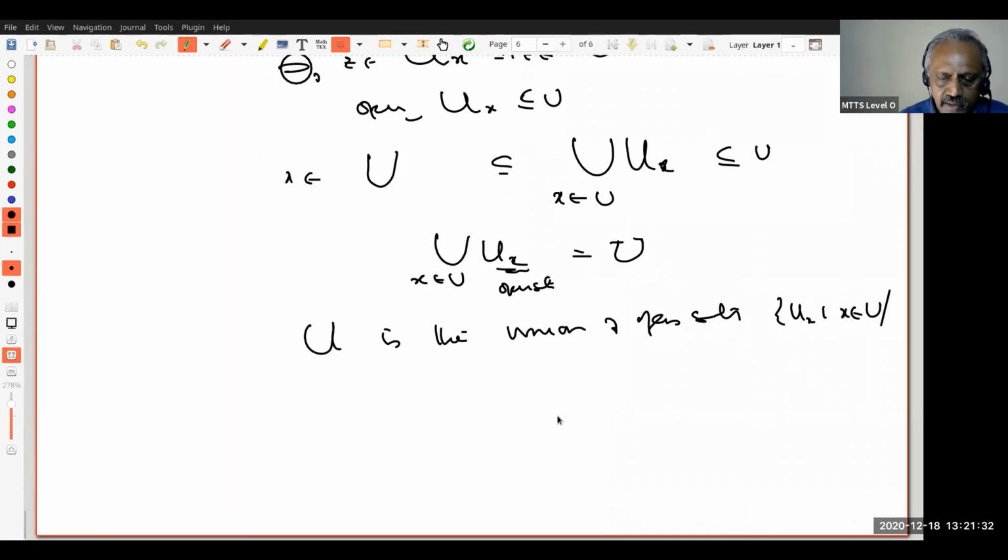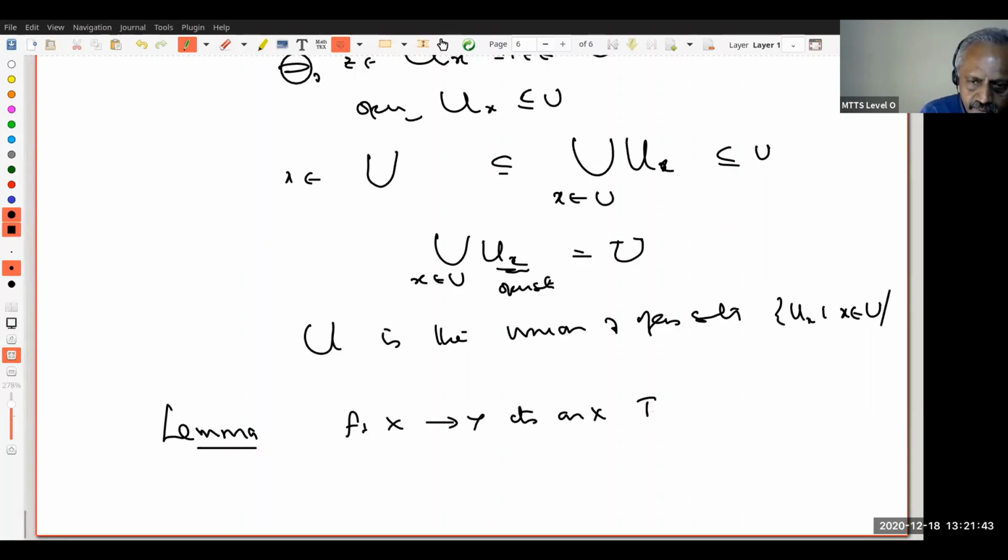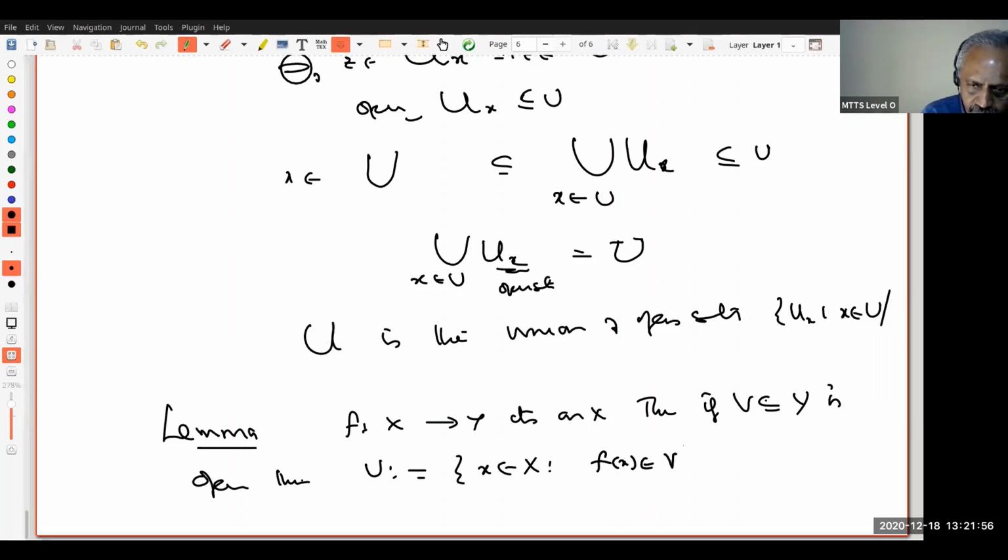So let me formulate it as a lemma. Let f from X to Y be continuous on X. Then if V in Y is open, then the set U, which is defined to be the set of all x with f(x) belonging to V, is open in X. Okay, pause, review, proceed.